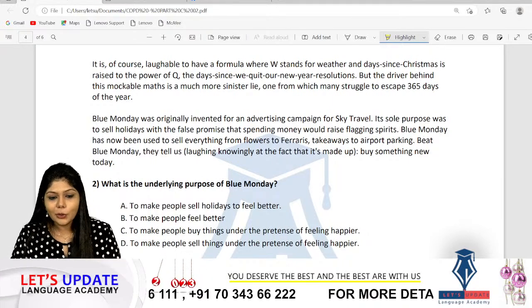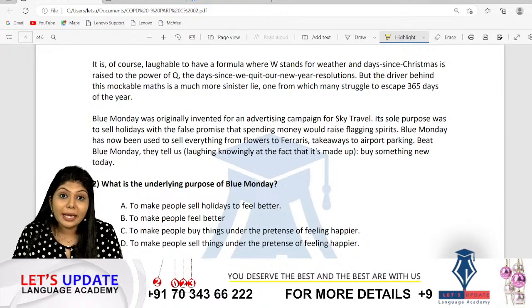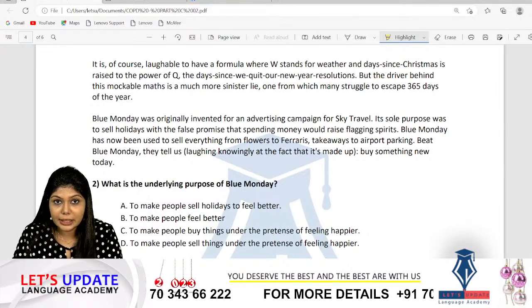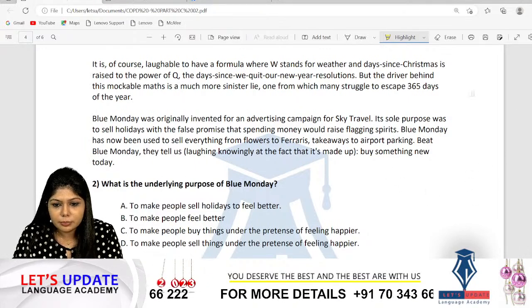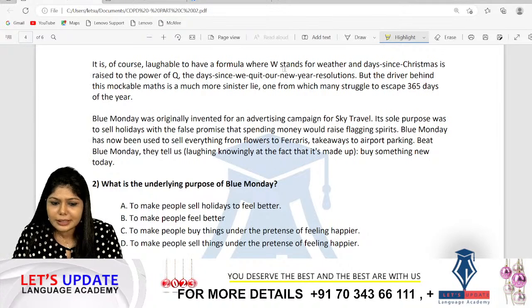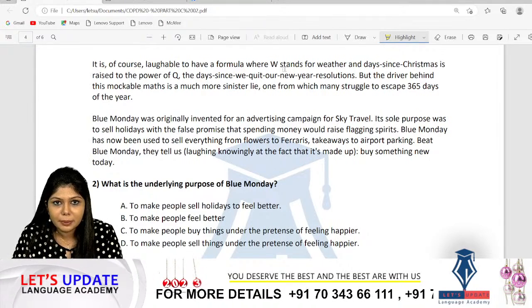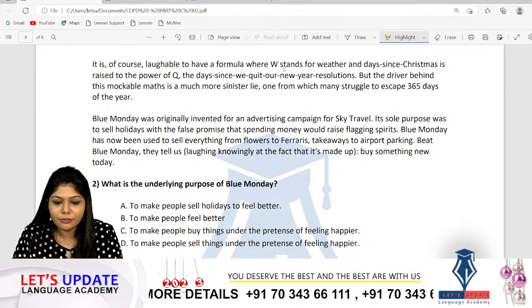Okay. So now, yes. So here the question is about the underlying purpose of Blue Monday. Okay. So as described in the text. So when you have a look at this paragraph, there is nothing written about the purpose or the aim, okay, or the intention of Blue Monday.